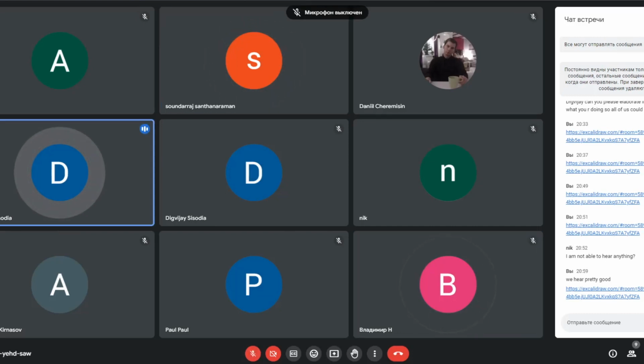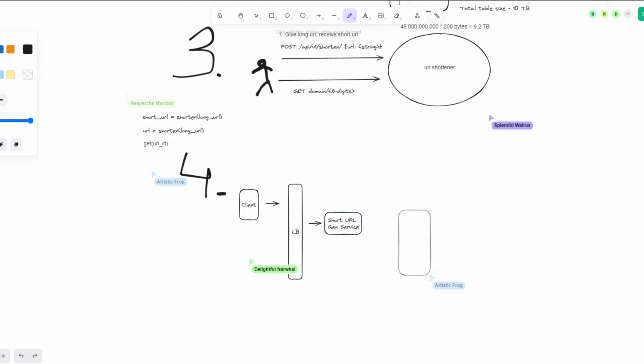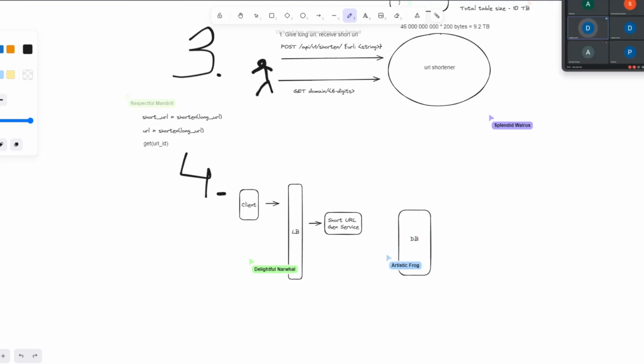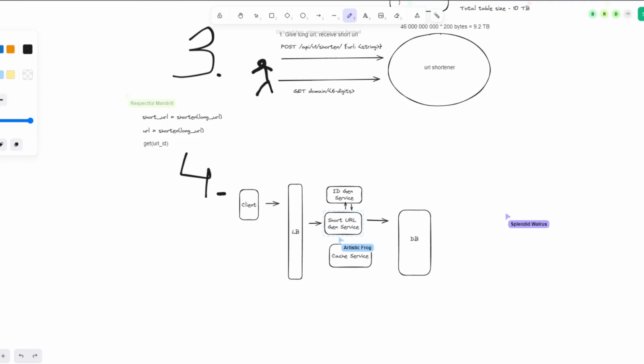Great. We have a shortener service, and this is our database, which is fine. Then this goes to the load balancer and back to the client.